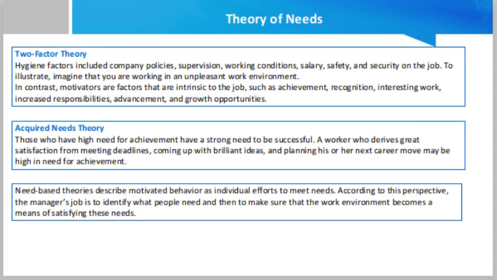All individuals possess a combination of these needs. Those who have a high need for achievement have a strong need to be successful. A worker who derives great satisfaction from meeting deadlines, coming up with brilliant ideas, and planning his or her next career move may be high in need for achievement.